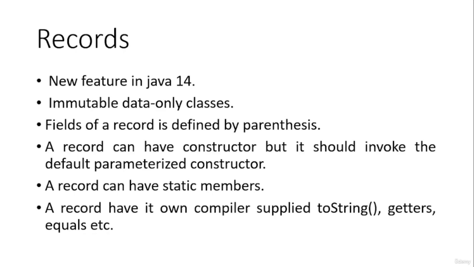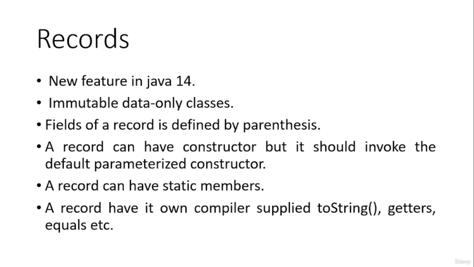The record is declared with the record keyword followed by parentheses, and inside the parentheses we declare each record field. After that, we can have constructors in the record, but they should all call the canonical constructor, the default constructor for records, in order to initialize the object correctly.